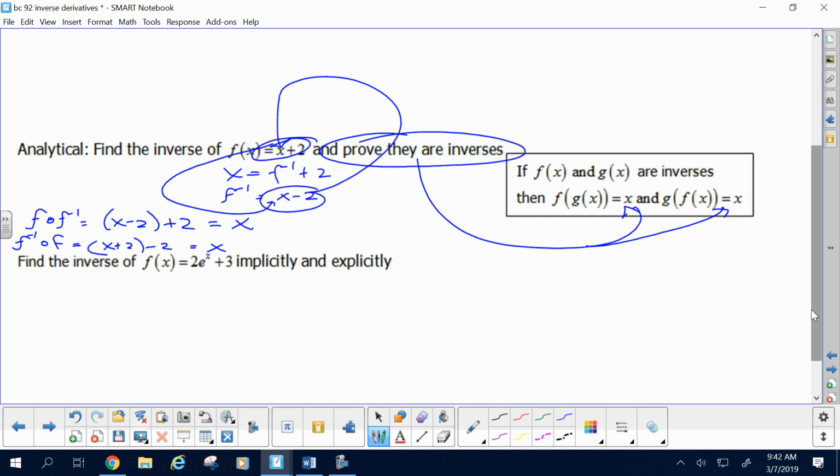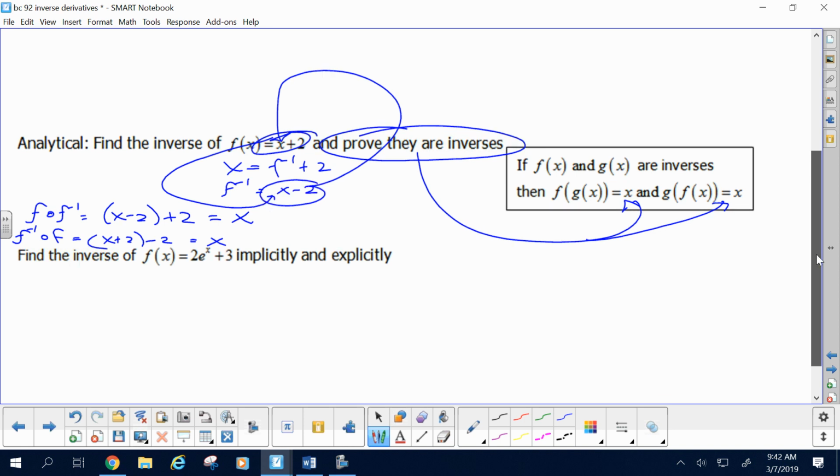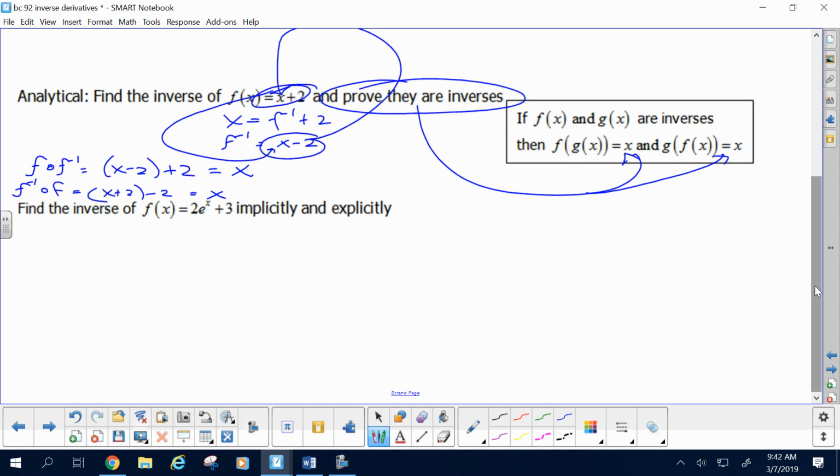Would you please find the inverse of that function implicitly and explicitly. Go. Also, would you throw an arrow at which one's implicit, which one's explicit? Label it.